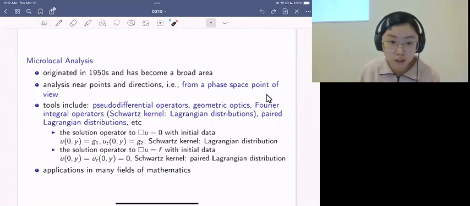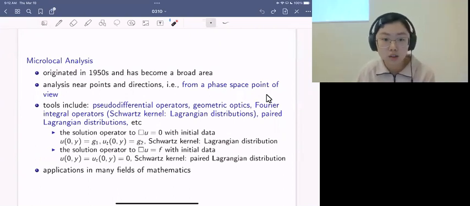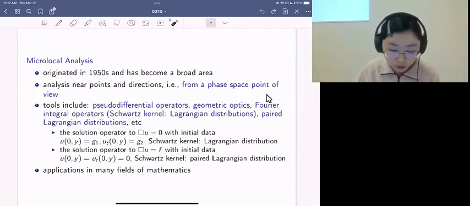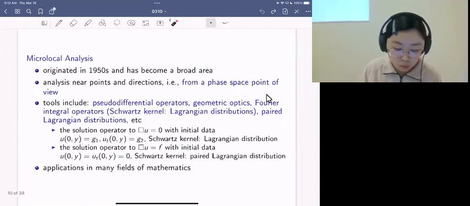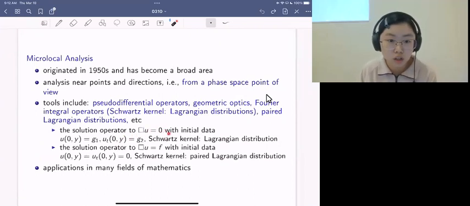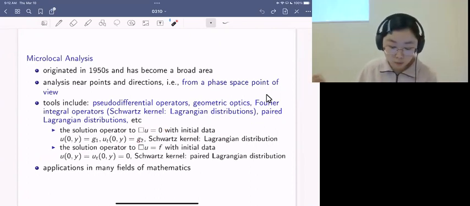For Lagrangian distributions, one can expect the singularities are contained in a Lagrangian submanifold. We also consider operators whose Schwartz kernels are paired Lagrangian distributions. These are distributions whose singularities are contained in a pair of intersecting Lagrangian submanifolds. For example, the solution operator to the homogeneous wave equation with initial data is a Fourier integral operator, so its Schwartz kernel is a Lagrangian distribution.